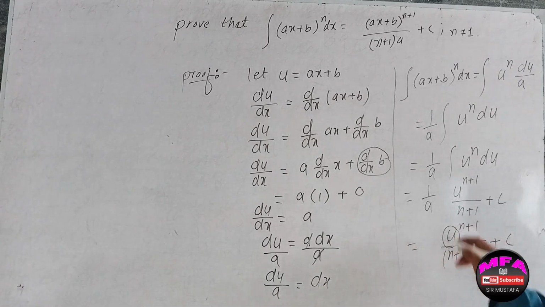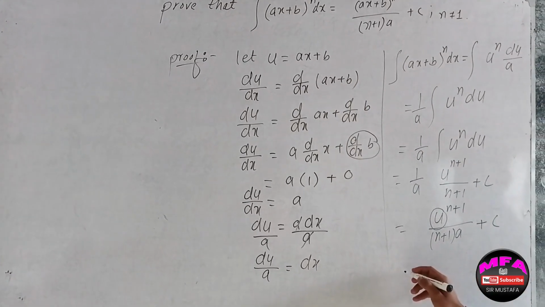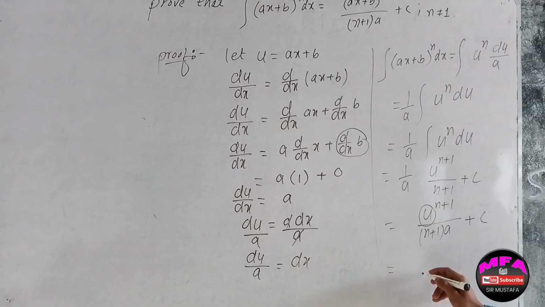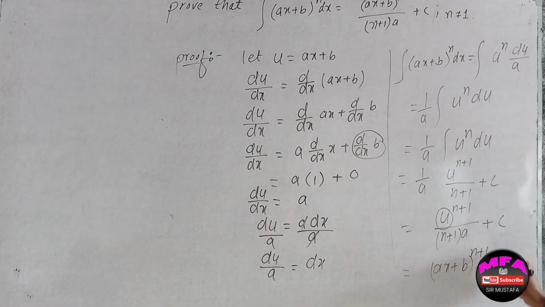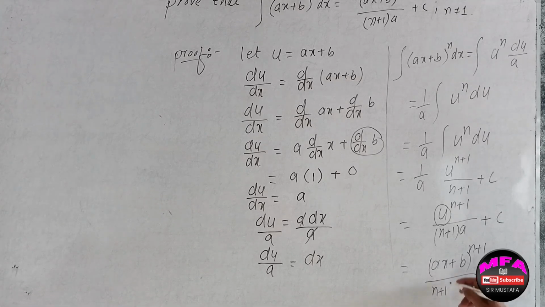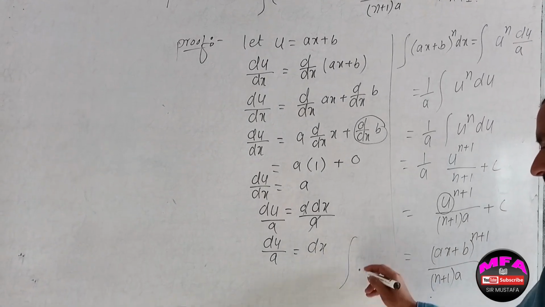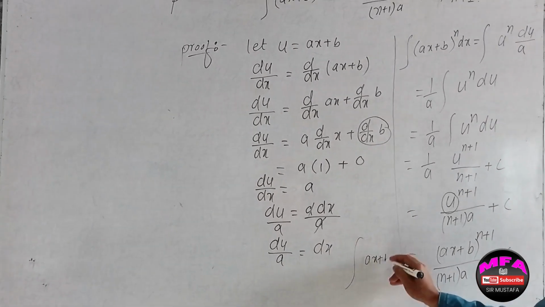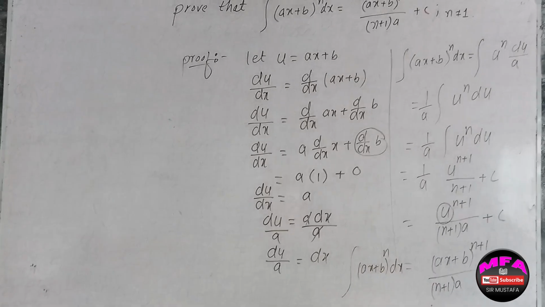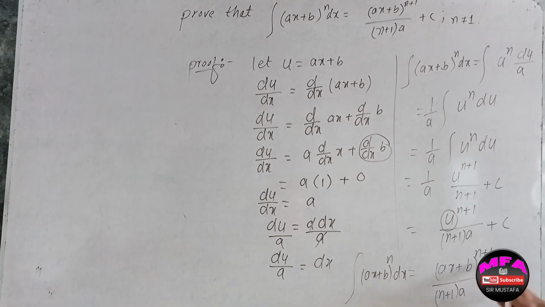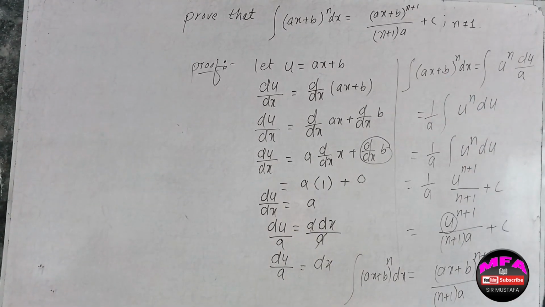So the integral of (ax + b)^n dx equal to (ax + b)^(n+1) divided by (n + 1) times a, plus c, which is the right hand side, hence proved.